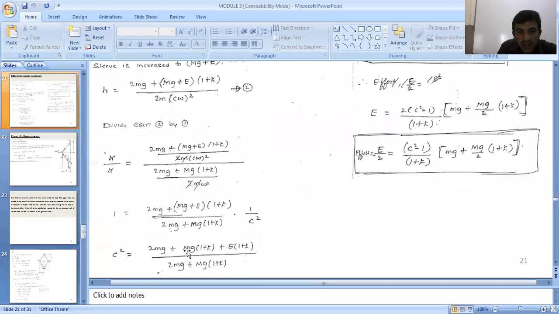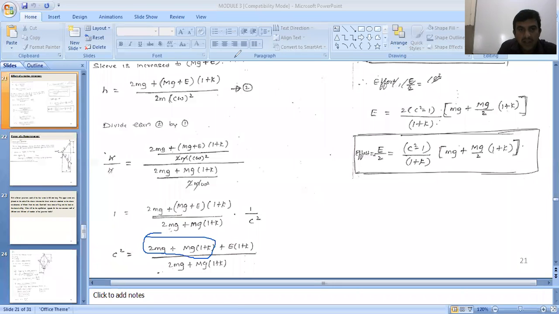Now in the numerator take the common term, 2 times mg plus Mg into 1 plus k, outside. Once you take only this term outside in the numerator, you will get 1 plus e into 1 plus k, whole divided by this term.